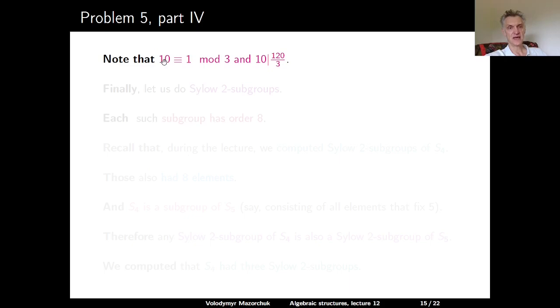And of course 10, the number of subgroups, is congruent to 1 modulo 3, and also 10 divides 120 divided by 3.